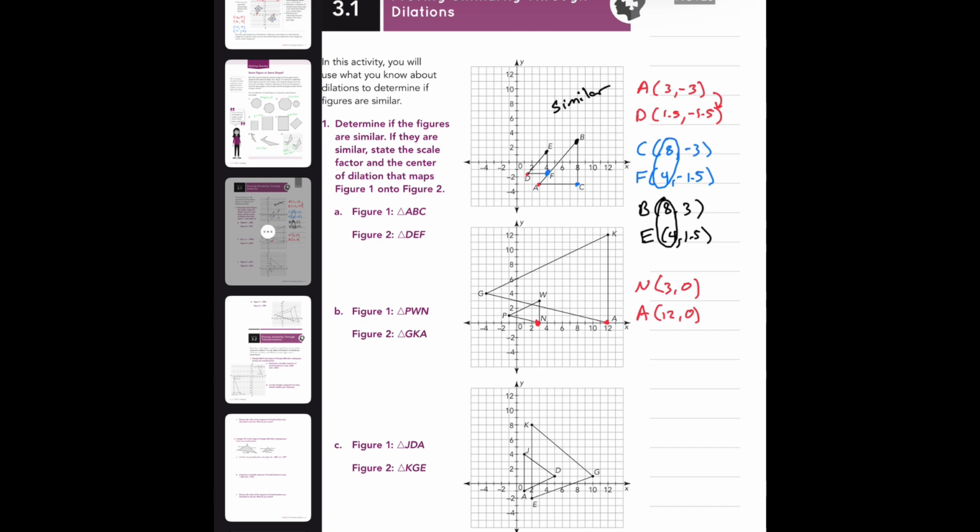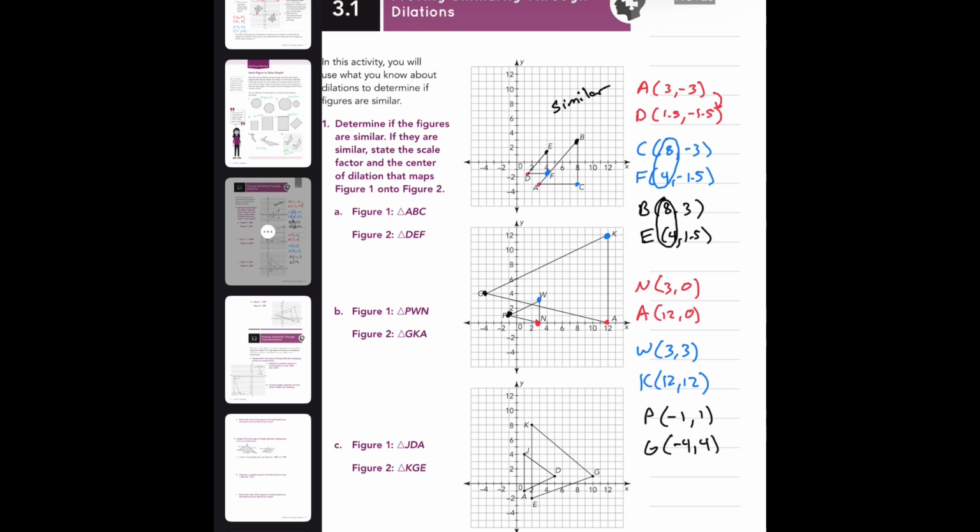And then if we check point W and K, so point W is at 3, 3, point K is at 12, 12. And then one more, point P and G, those corresponding points. Point P is at -1, 1, and G is at -4, 4.